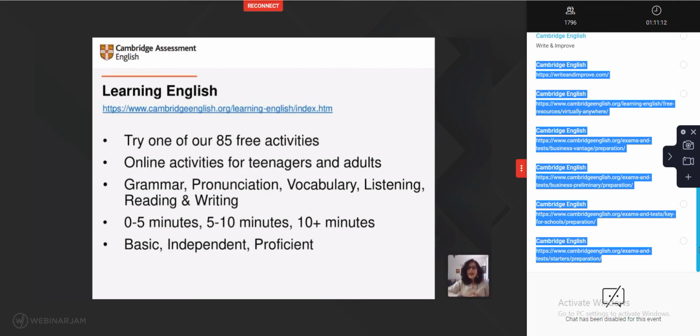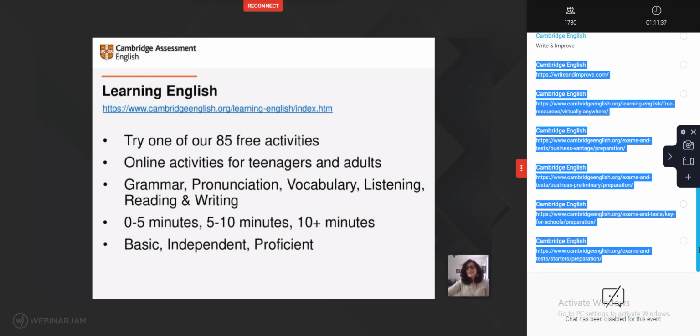You also have Learning English for, again, students, teachers, aspirants, candidates who are keen on improving their language proficiency and upskilling themselves with regards to the English language. There are as many as 85 free activities.